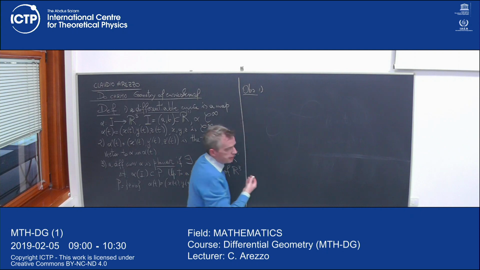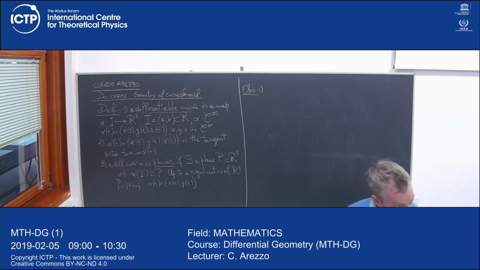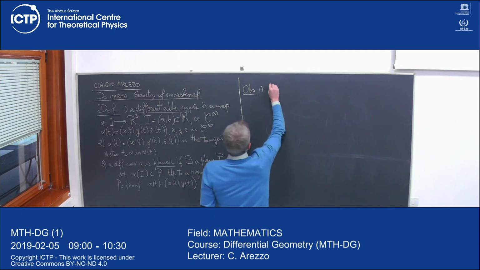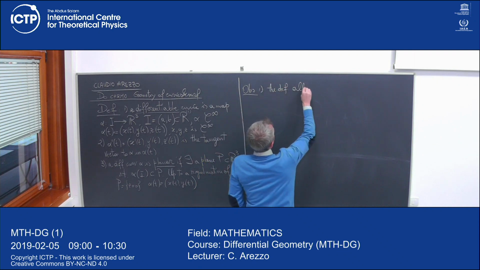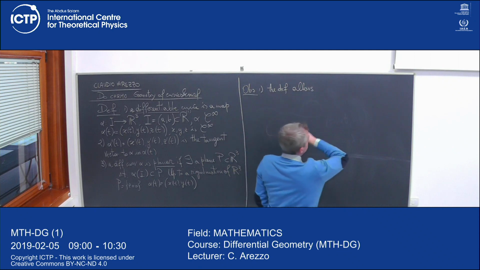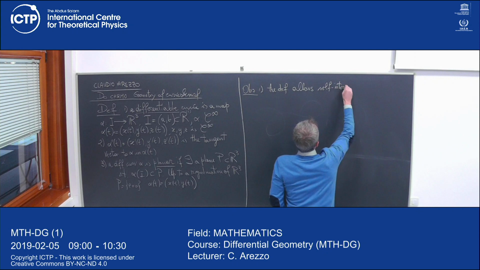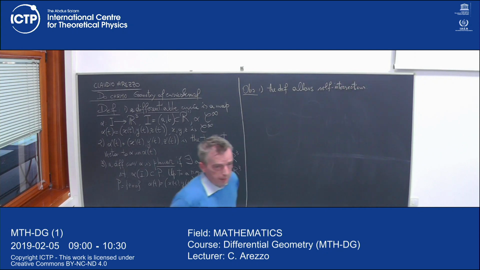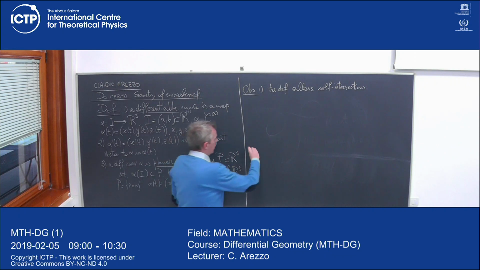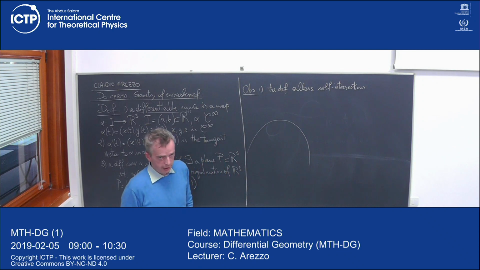One, this definition allows, for example, one type of, I don't know if you would agree to call it a corner, but the definition allows something that a priori was not obvious: self-intersections. What do I mean? I'm sure we all agree that a particle moving like this would be a smooth curve.